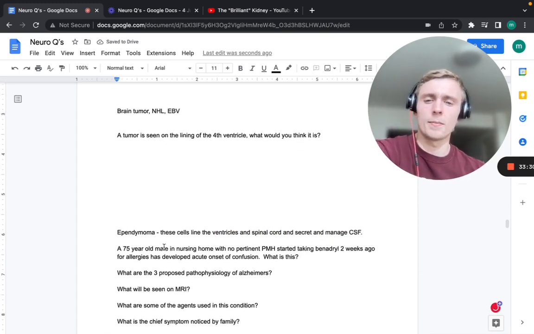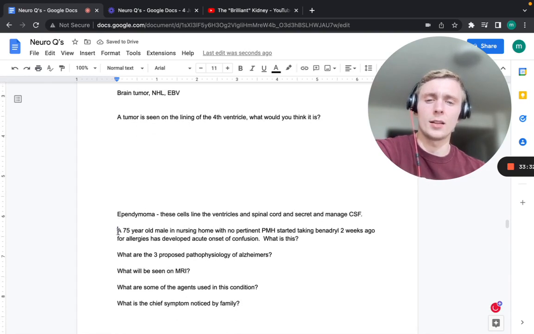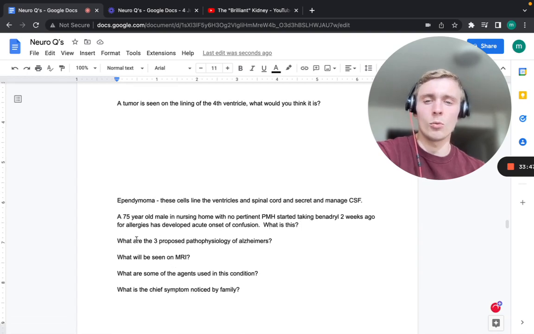So next one. A 75-year-old male in a nursing home with no pertinent past medical history started taking Benadryl 2 weeks ago for allergies. He has developed acute onset of confusion. What is this? And what are the 3 proposed pathophysiologic mechanisms for Alzheimer's?